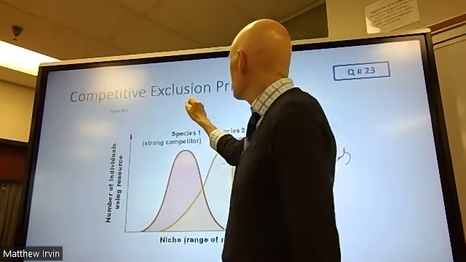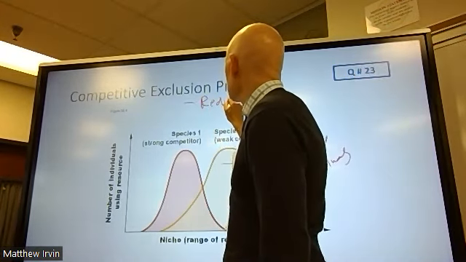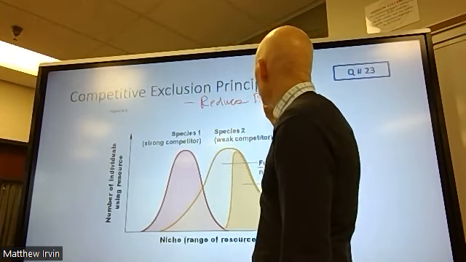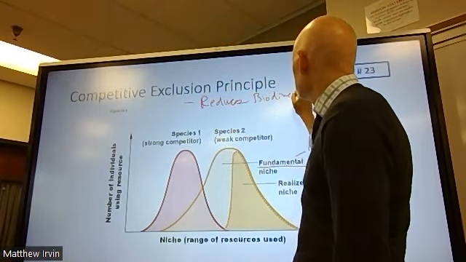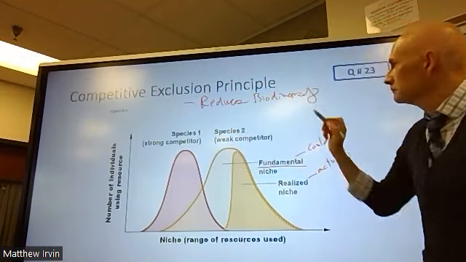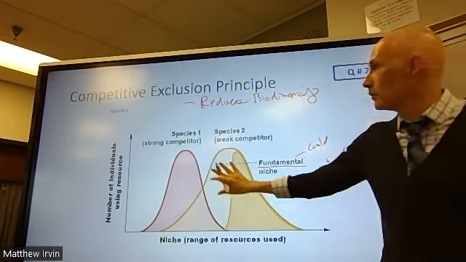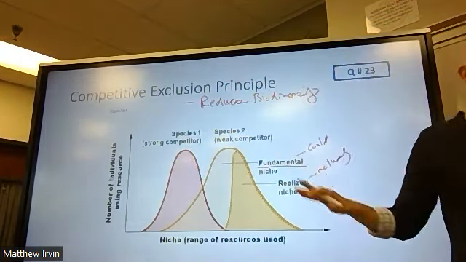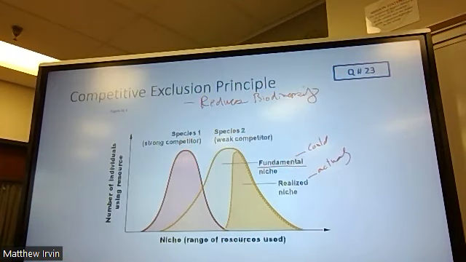And competitive exclusion reduces biodiversity, because you are now having more of species one than species two. And you could potentially have species one completely outcompeting species two, and it becomes what's called locally extinct. So it's not that the species is completely gone, it's just gone from that particular area.